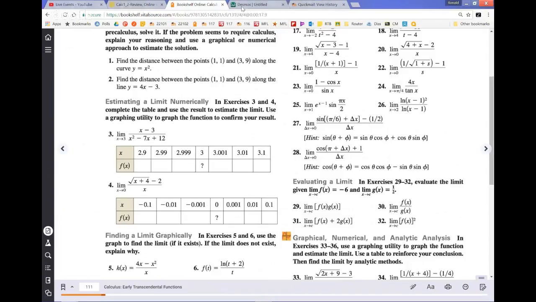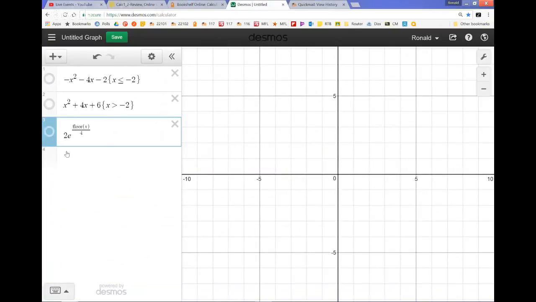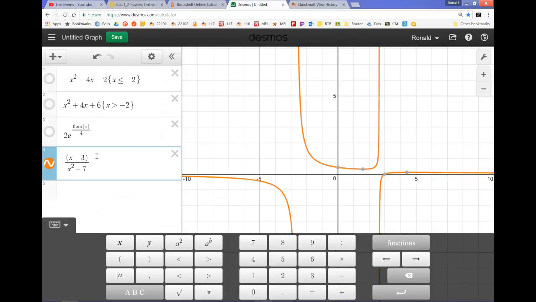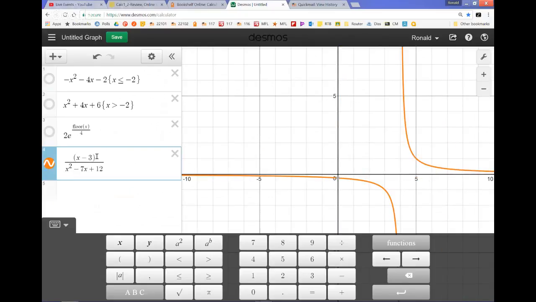Go to Desmos. And you can see that there's a disconnect at x equals 4.